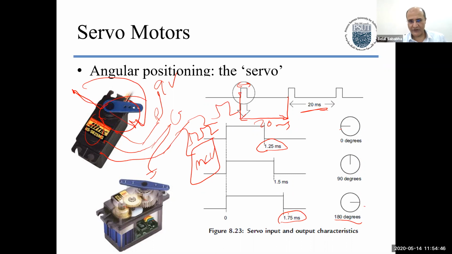And it's linear. You can, for example, in the middle here pointing forward, it's 1.5 milliseconds for this case.